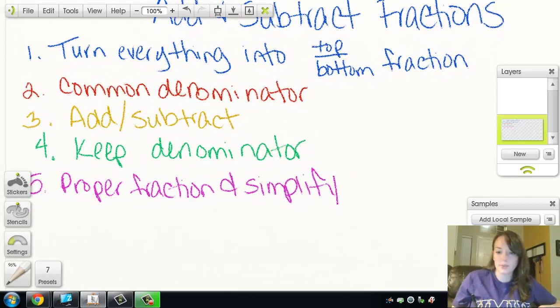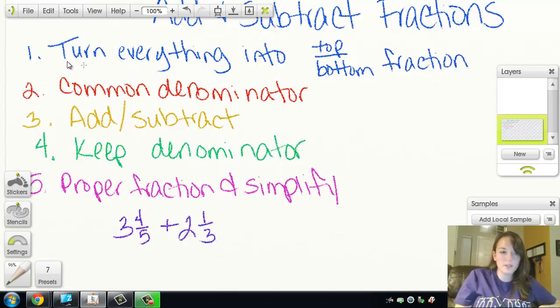I'm going to start with the fraction 3 4/5 plus 2 1/3. Now my step 1 was turn everything into a top-bottom fraction. So I have to do around the world, if you need to make a note about that.